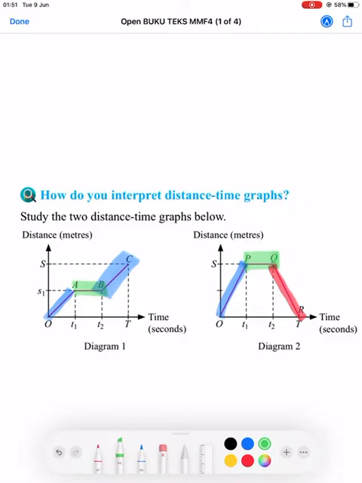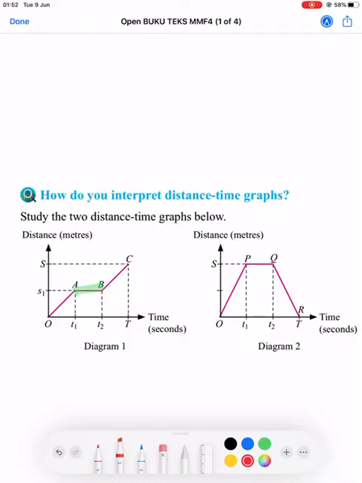Okay, enough talking about the gradient. We know what it means by positive gradient, negative gradient, and zero gradient. Next we want to talk about the zero gradient further. Line AB has zero gradient, meaning there is no change in distance.